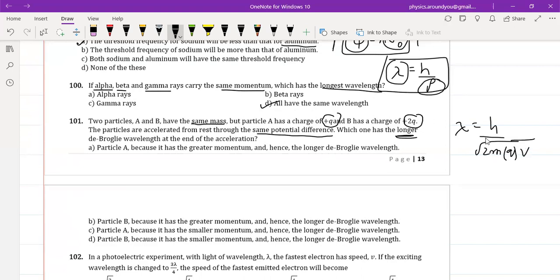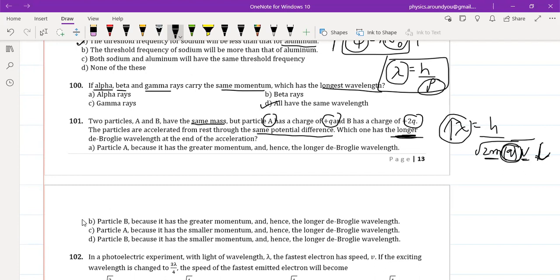For both of these charges, 2m and V are the same, right? So if charge is less, then lambda will be more. So longer wavelength will happen for whichever has the least magnitude of charge. Between A and B, the one with the least magnitude of charge is obviously A. So A will have a longer de Broglie wavelength.